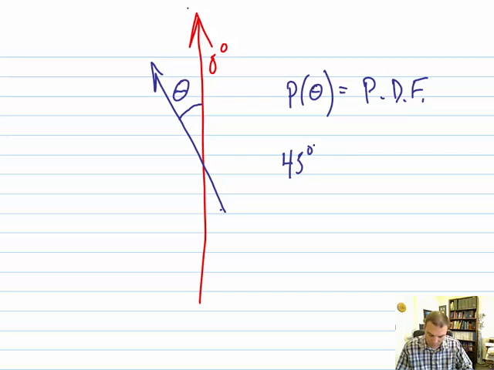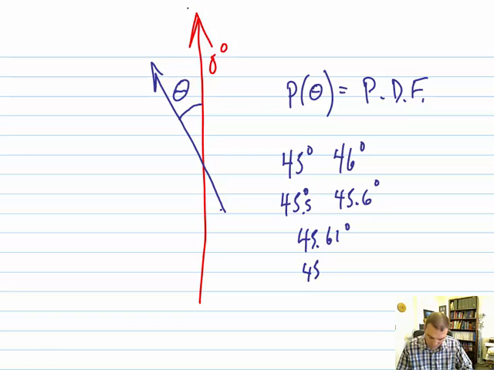So it could be at 45 degrees, it could be at 46 degrees, it could be at 45.5 degrees, it could be at 45.6 degrees, it could be at 45.61 degrees, it could be at 45.611 degrees. But the point being that we have an infinite number of values that it could take, and in fact it could take an infinite number of values between any two single points.